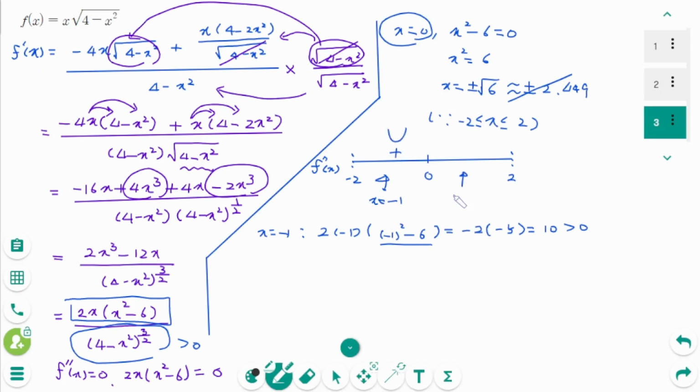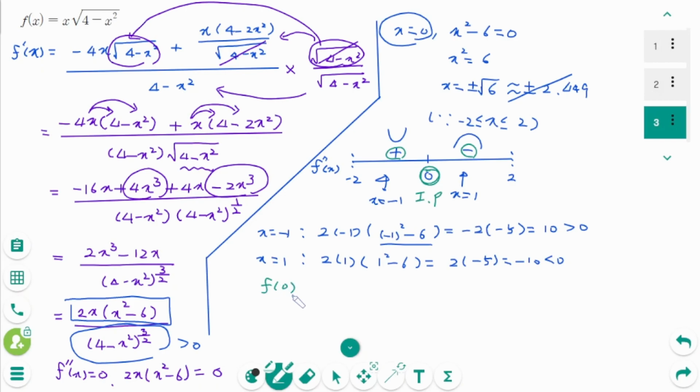When the testing number is 1, 2 times (1 squared minus 6) equals 2 times minus 5, minus 10, which is negative, concave down. The sign of f double prime of x changes from positive to negative at x equals 0. That means this one is an inflection point.